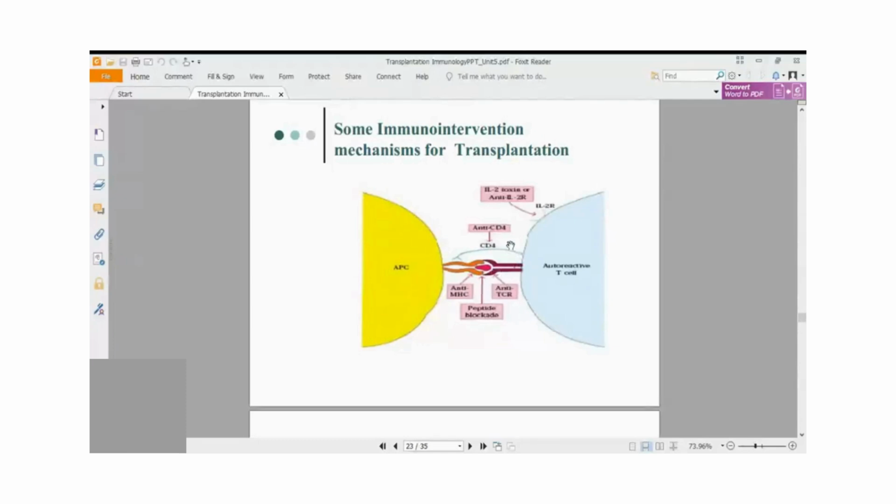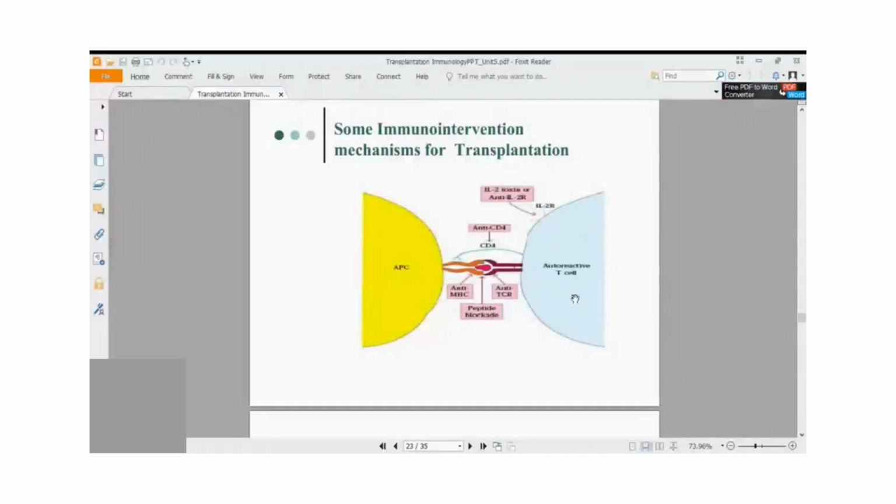By blocking the CD3 receptor, one can block signal 1 that is going to be transmitted to the TH cells. So, by blocking T cell activation, half the battle can be won, which is already done through cyclosporine or through corticosteroids. If one can afford the monoclonal antibody therapy, one can block the T cells from getting activated.